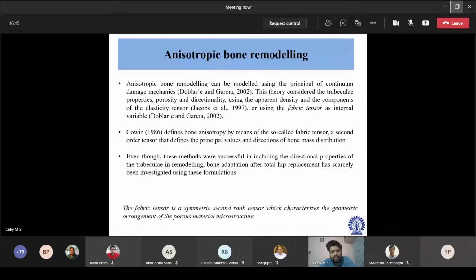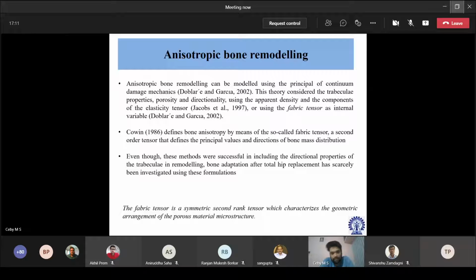But can you tell me whether the elastic tensor is second order or fourth order? Fourth order, okay, fine. So here the fabric tensor is a second order tensor. Cowin 1986, you are familiar with the name Cowin, defines bone anisotropy by means of the so-called fabric tensor, which defines the principal values and the direction of bone mass distribution.